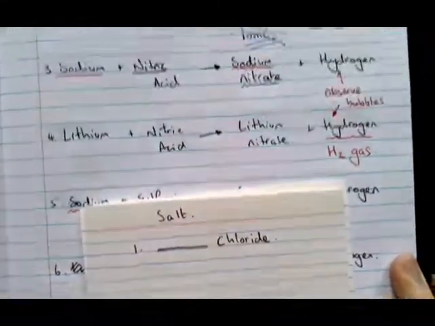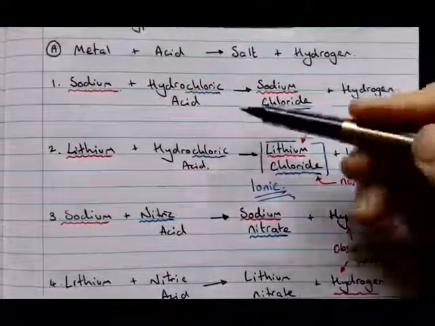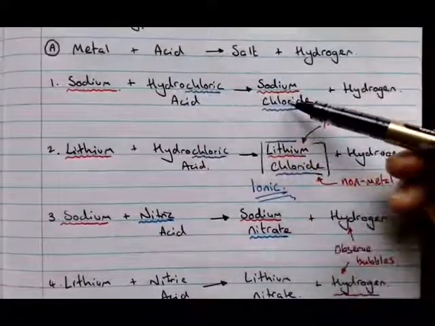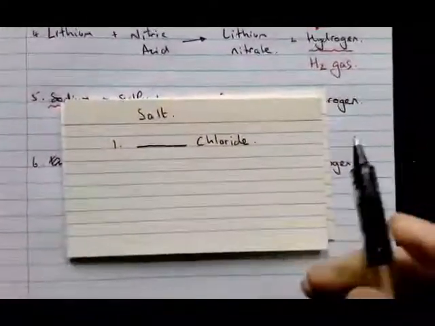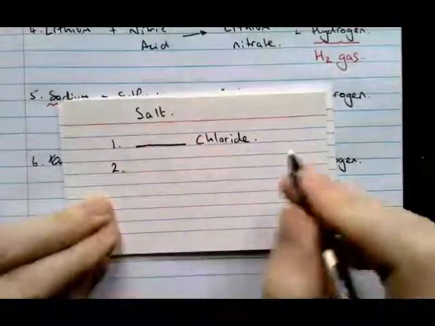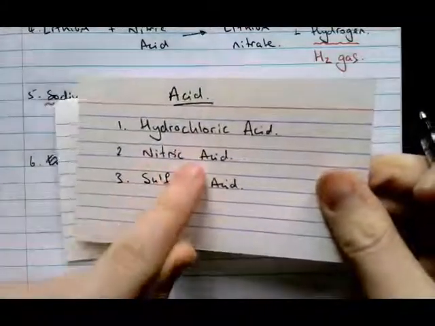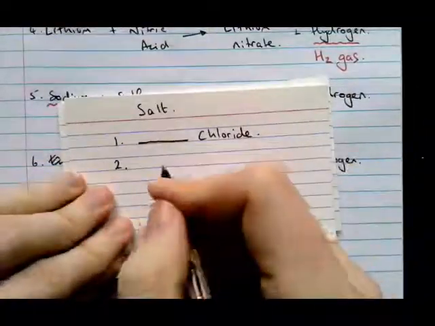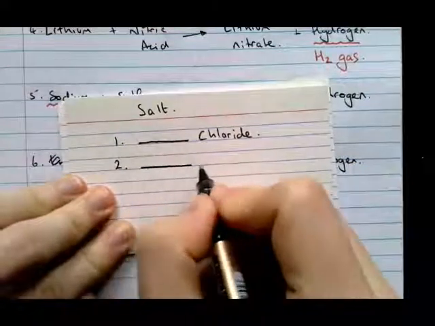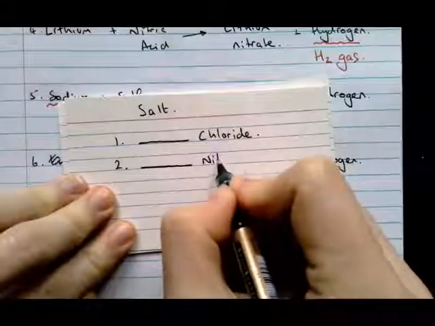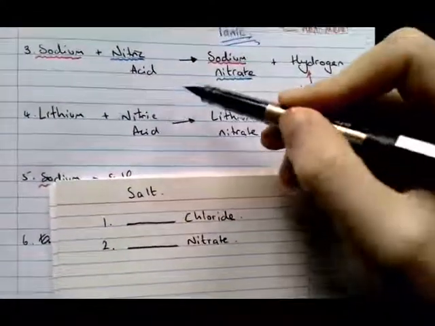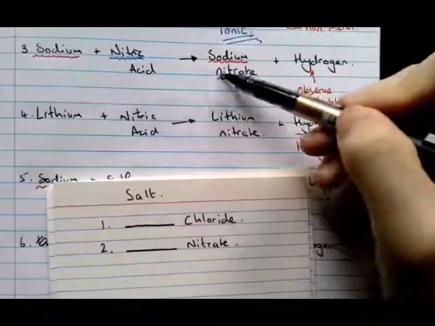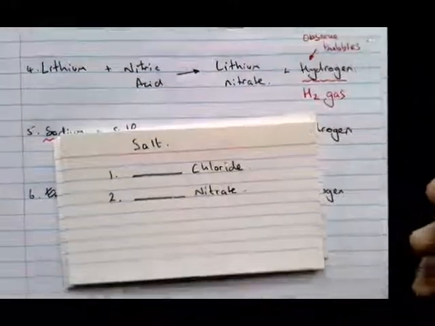Remember, up here we had hydrochloric acid gives us sodium chloride. Hydrochloric acid gives us lithium chloride. Number 2, our second acid was nitric acid, which gives us a something nitrate, like sodium nitrate, lithium nitrate.